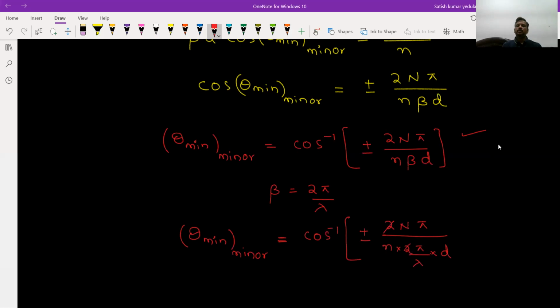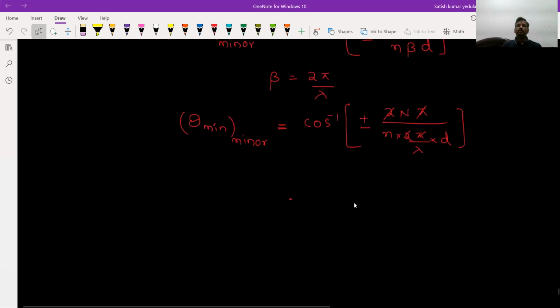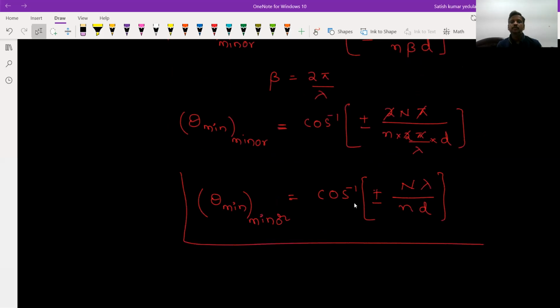This 2 gets cancelled, pi gets cancelled, and lambda will go up. Then what you will get finally is cos inverse of plus or minus capital N into lambda by n into d. This is theta minimum of minor. So you better remember this.